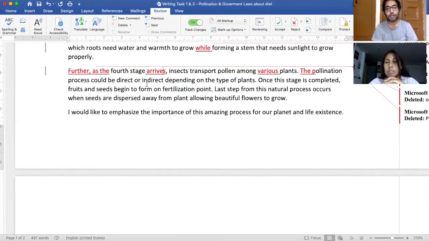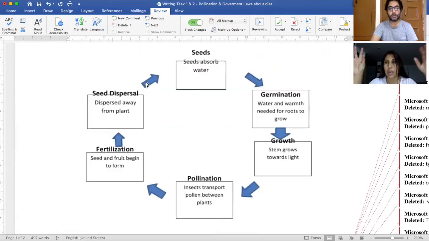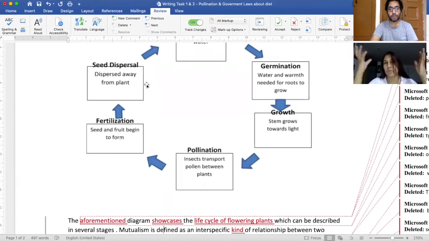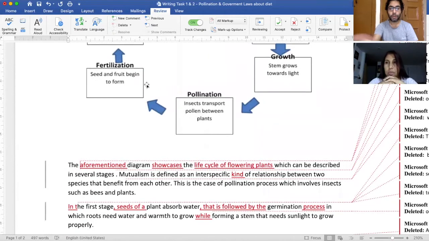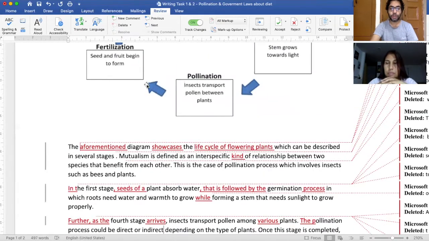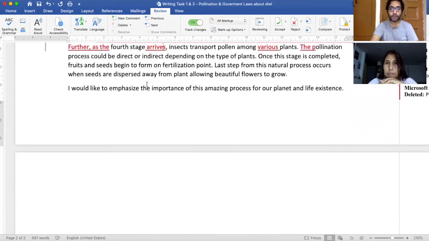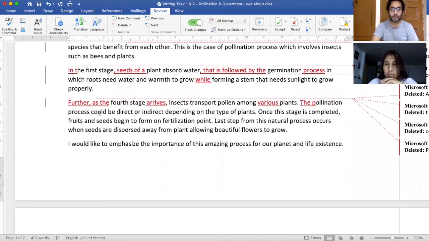Well, direct is when there are two plants from the same species, I don't know, a rose with a rose. And indirect is when the plants are from different species, a daisy with a rose, maybe. The job of the insect is just to transport the pollen between them.